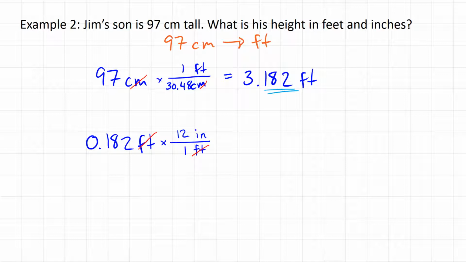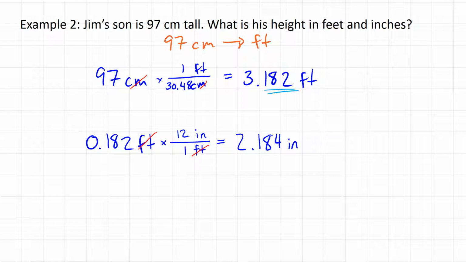And so now I'm going to convert that decimal number of feet into a number of inches. So 0.182 times 12. And I get 2.184 inches. So now I can put all this together.